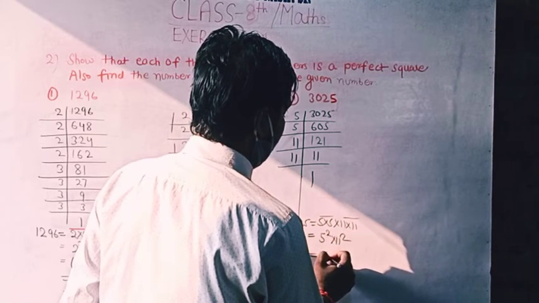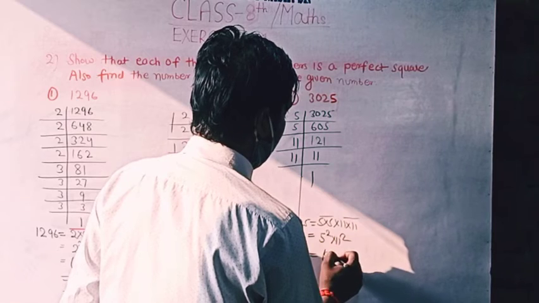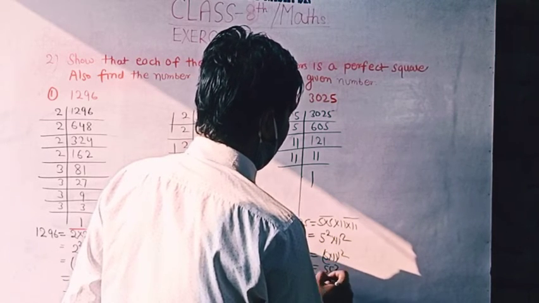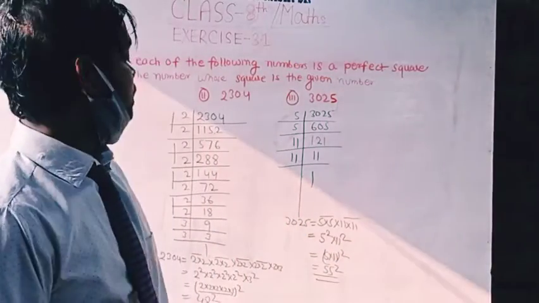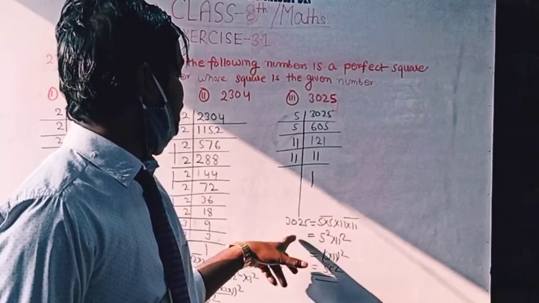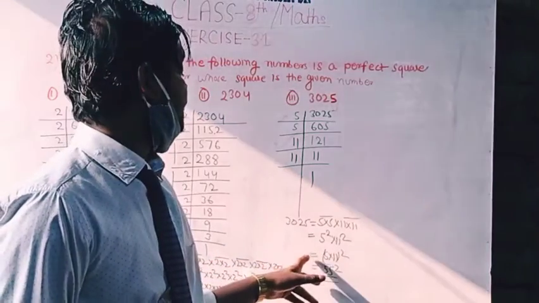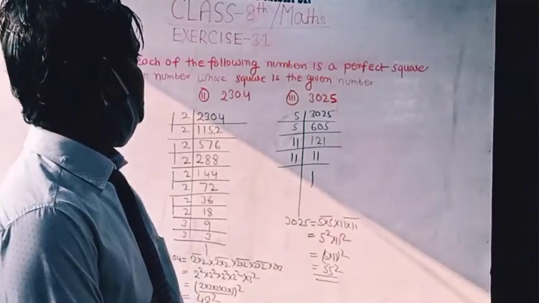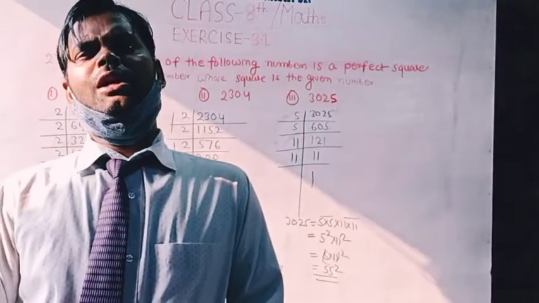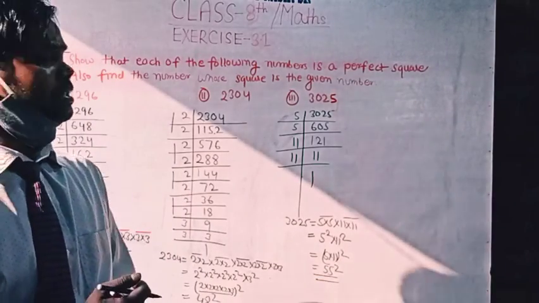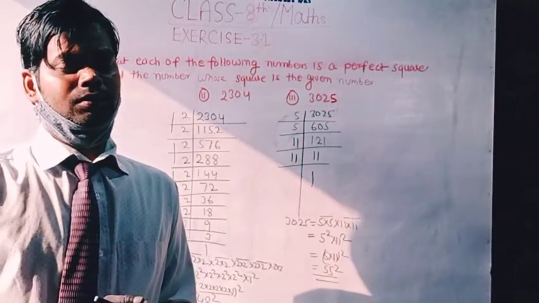So 5 into 11 whole square equals 55 square. So the given number is the square of 55. So this is the required solution of questions first and second of exercise 3.1.